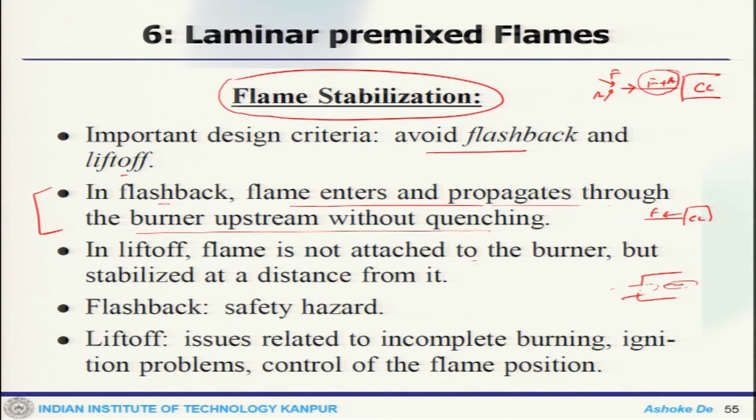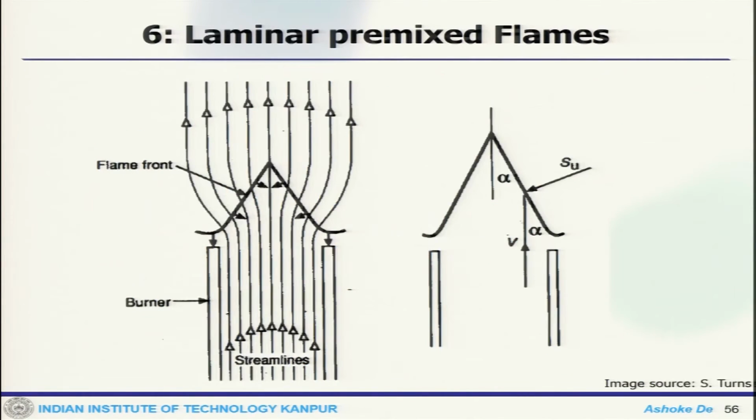So, flame will be sitting somewhere else, which is also not good for the design purposes, because the heat will be generated and hitting this portion of the chamber and all this. So, there are a lot of design issues. So, flashback has safety hazard, lift off is related to incomplete burning, ignition problem, control of the flame position. These would be some issues that would happen.